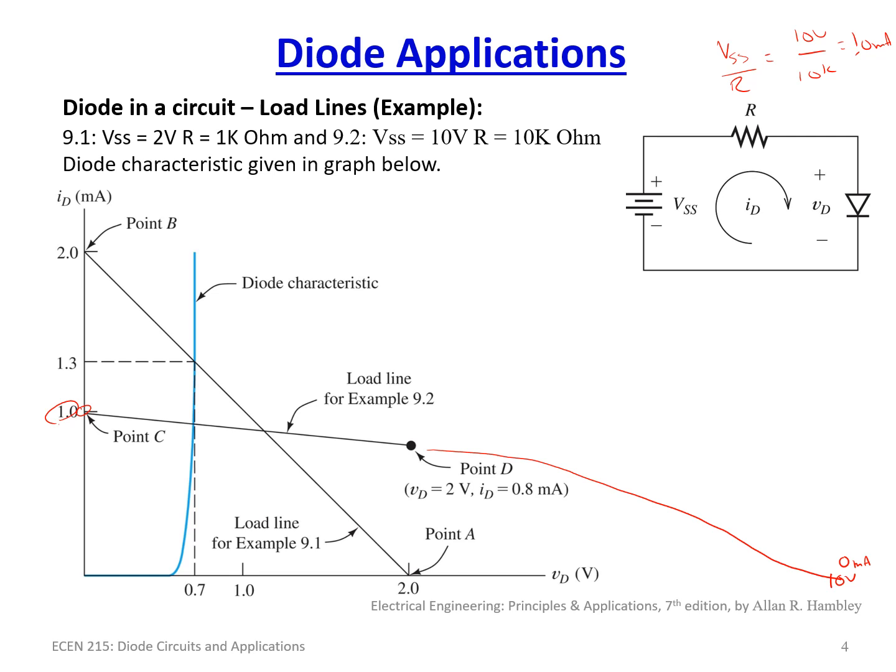And then here again, we look for the intersection, which also intersects with a VD approximately equal to 0.7 volts at an ID of a little less than, I'd probably say approximately 0.9 milliamps where it intersects.